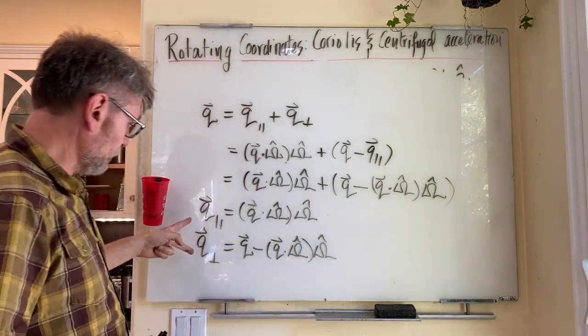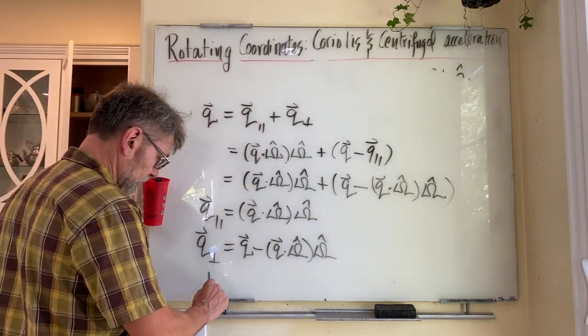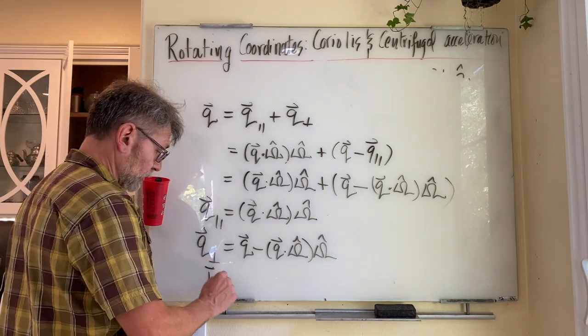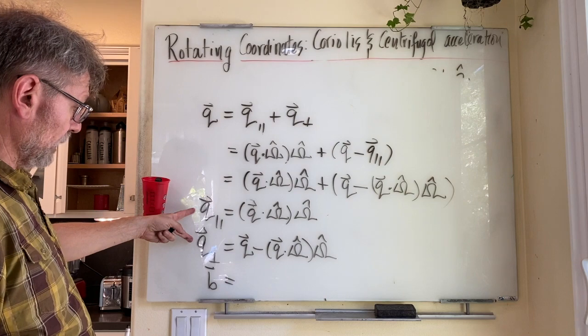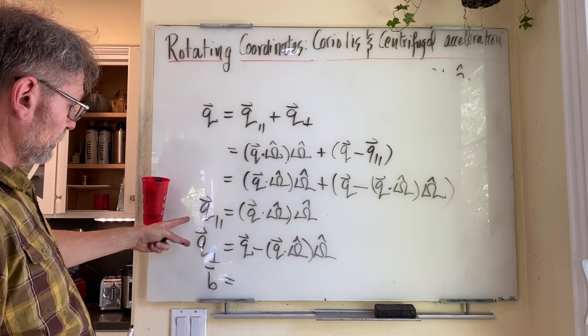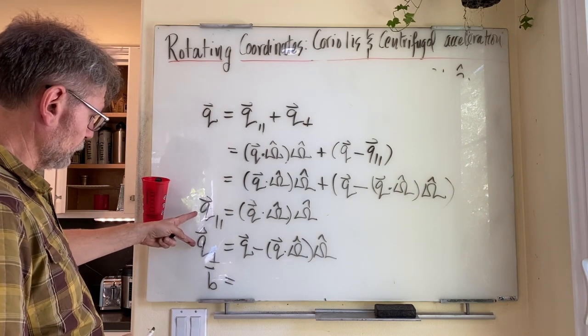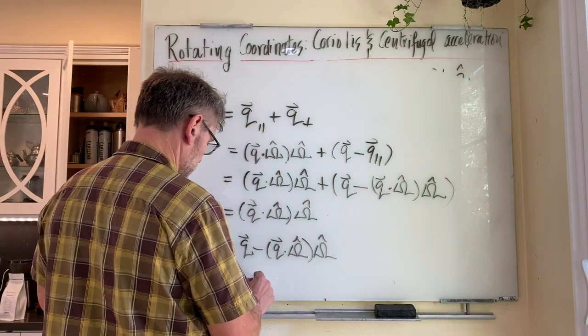So I'm going to define a third direction, b, which is going to be perpendicular to these two vectors. So I will define the third direction to be given by the cross product of those two vectors.